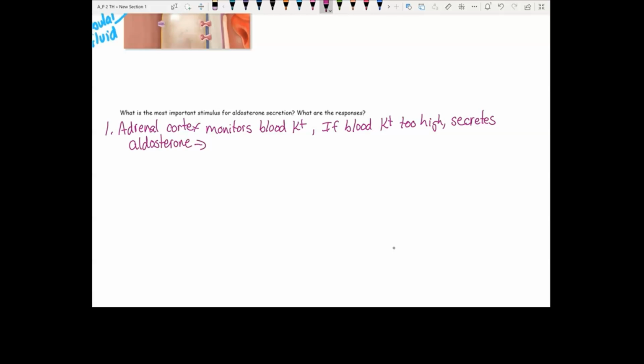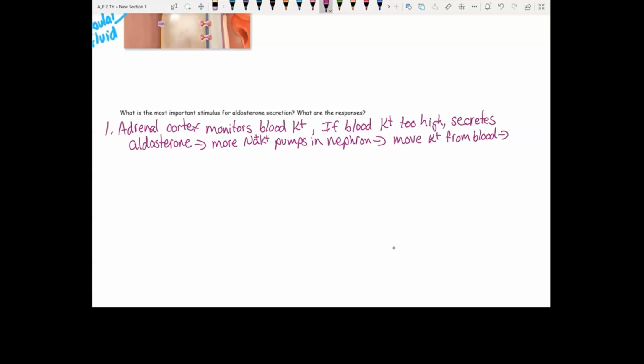The aldosterone will cause you to have more sodium-potassium pumps in your nephron. And they will move potassium from the blood.